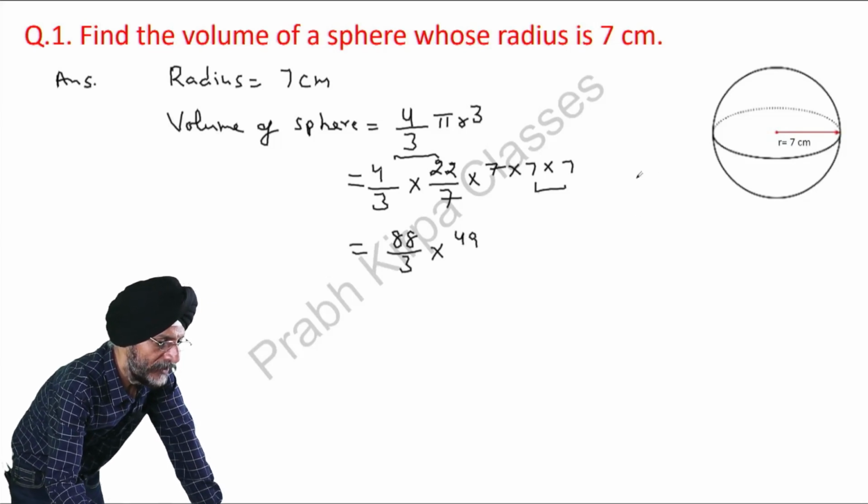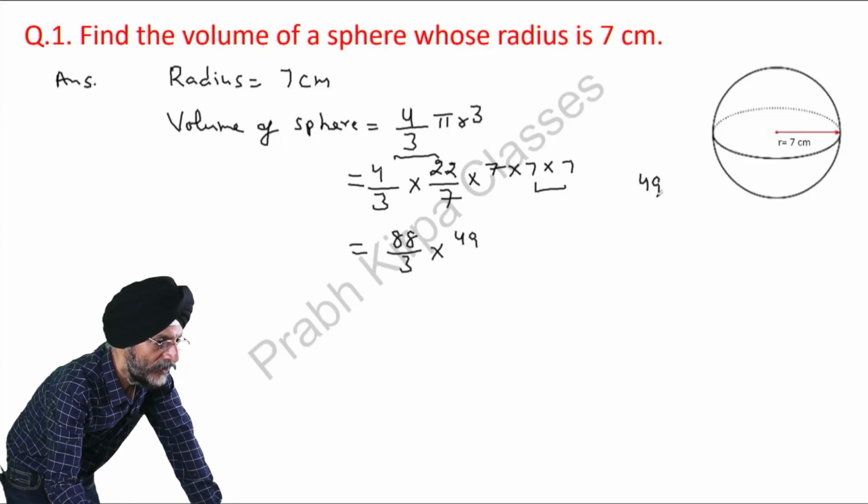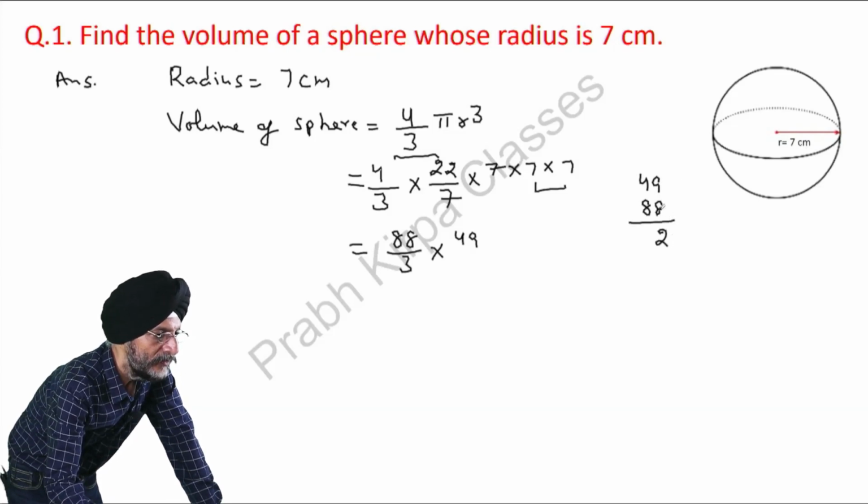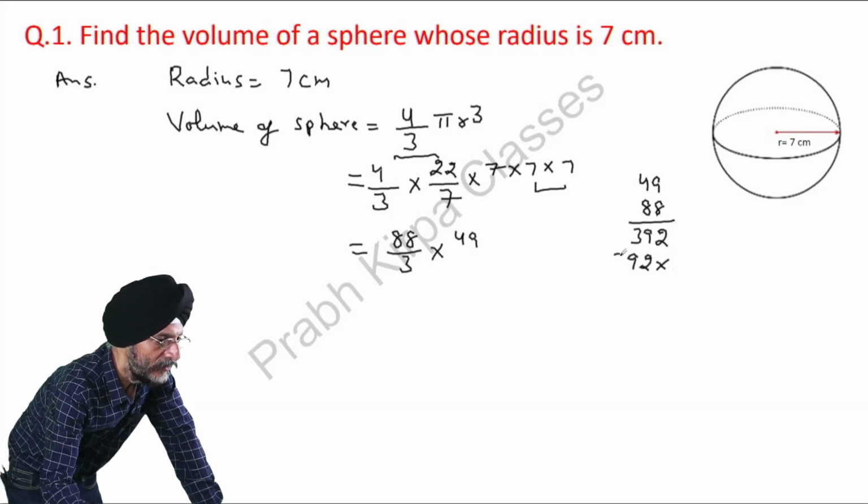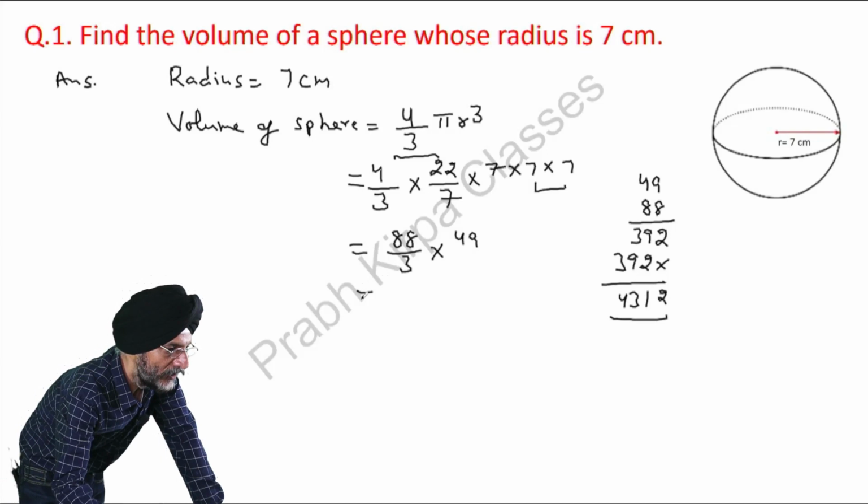Now what is left is, we will multiply 49 with 88. So here it will come 4312 divided by 3.